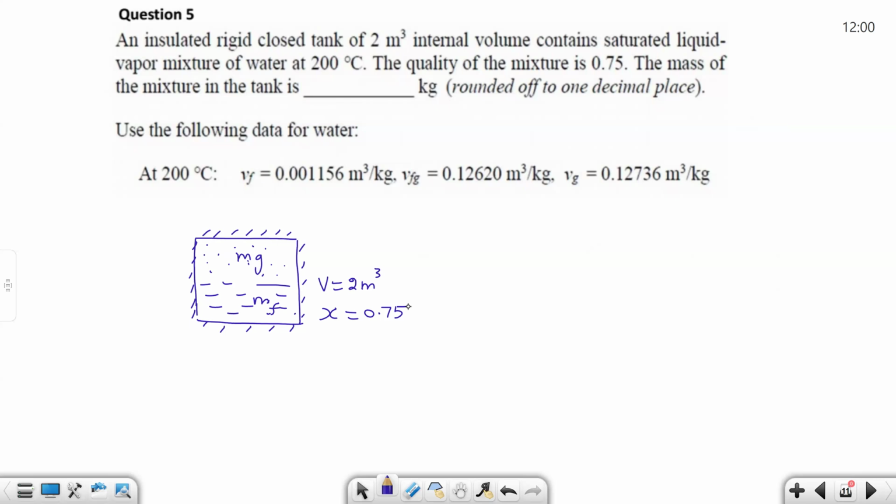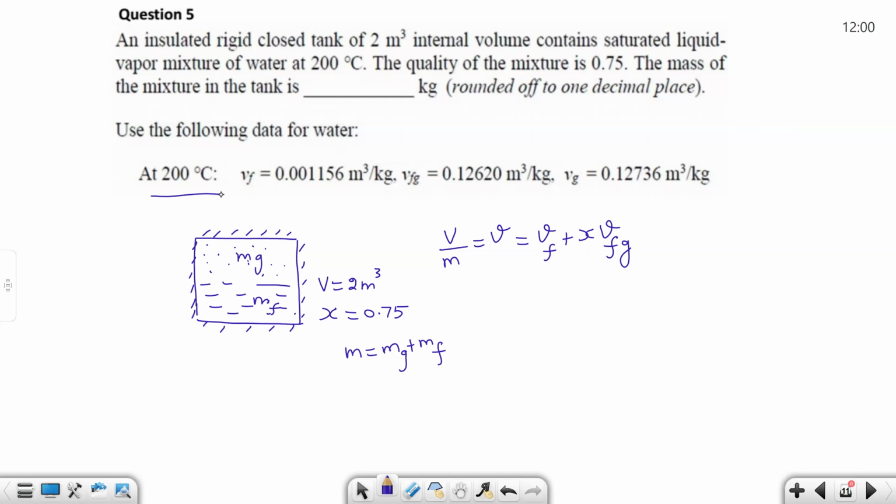Now we know that volume by mass of the mixture is the specific volume. This will be equal to Vf plus X into Vfg. So this M is the mass of gas plus mass of the liquid together. V is known, Vf is known at 200 degrees centigrade, Vfg is also known, dryness fraction is also known.